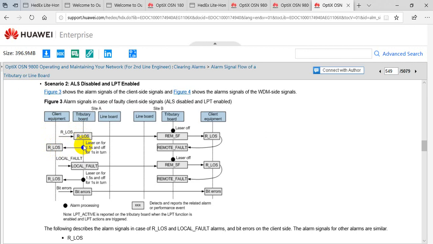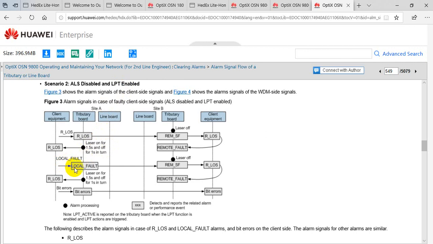So laser shutdown is enabled. The only difference, it will be on and off. So it will be on for 1.5 seconds and off for 1 second. So this laser on and off action is also identified and triggered to NMS, and that is LPT enabled. There will be a trigger, so you can consider this as an alarm, and LPT enable signal will be reported to NMS.